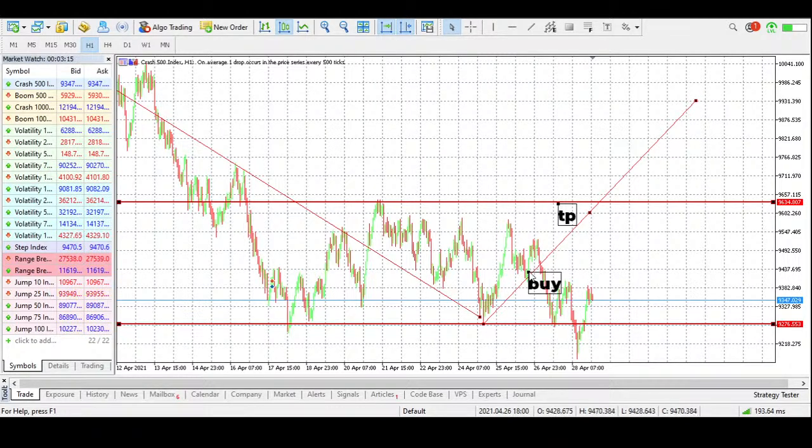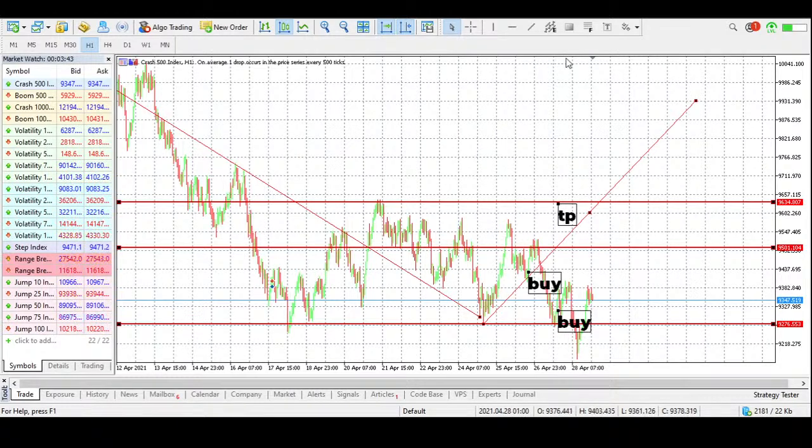Instead of moving up to hit my TP, it retraced and went down and hit this support, and I entered another buy here, and I set my TP here. I was using this as an assumed resistance, so another TP was set here.